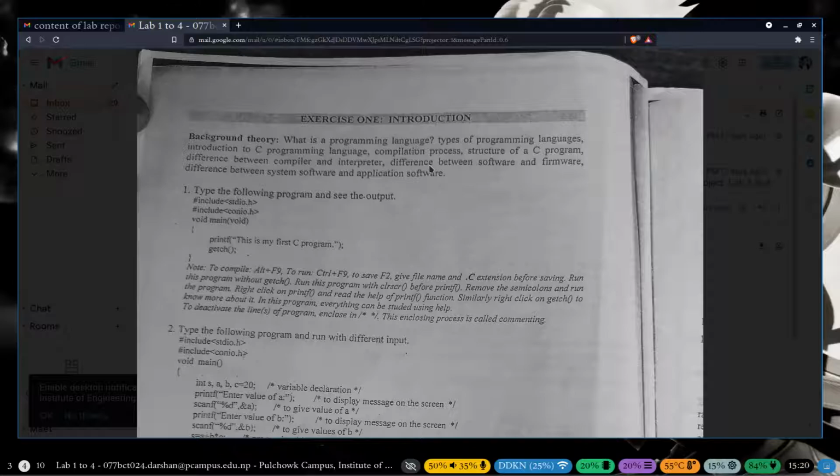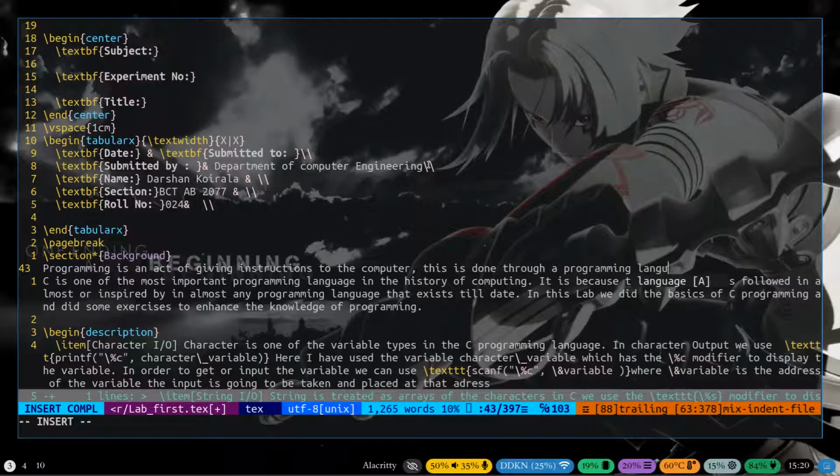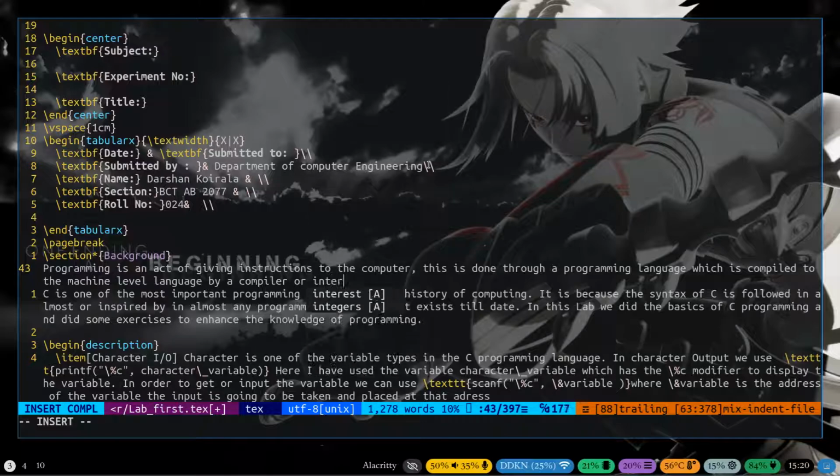What are programming languages? This is done through a programming language which is compiled to the machine level language by a compiler or interpreter.